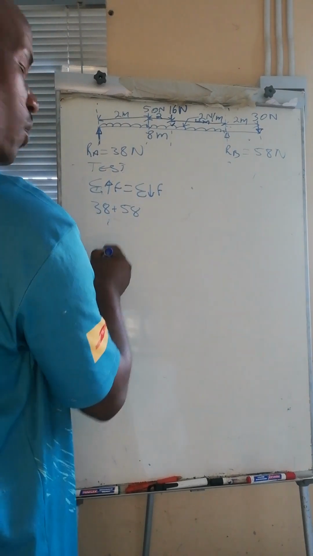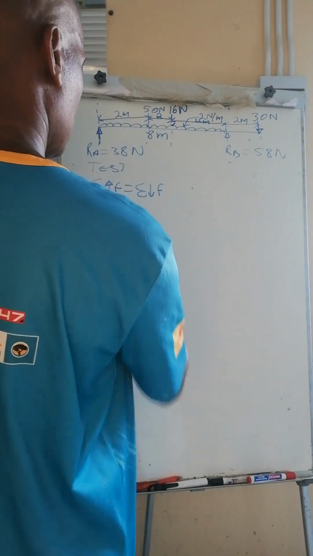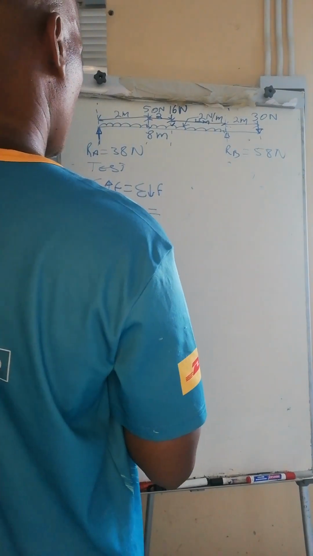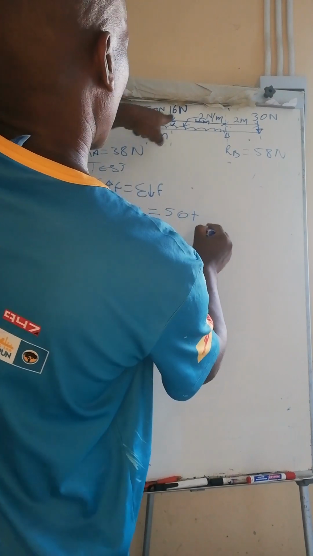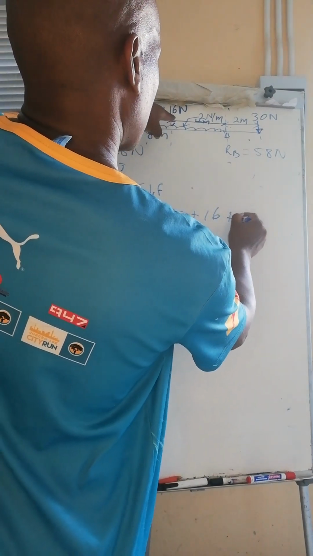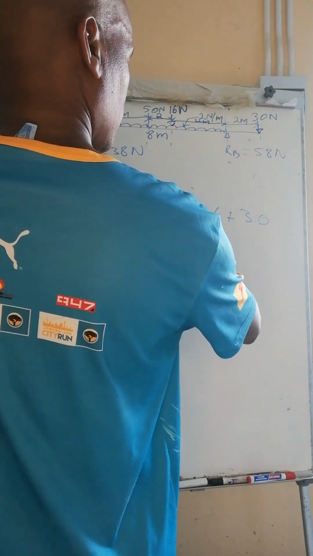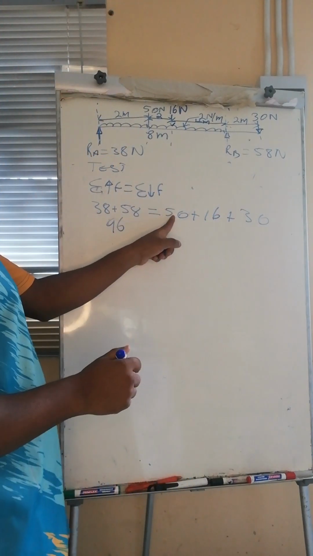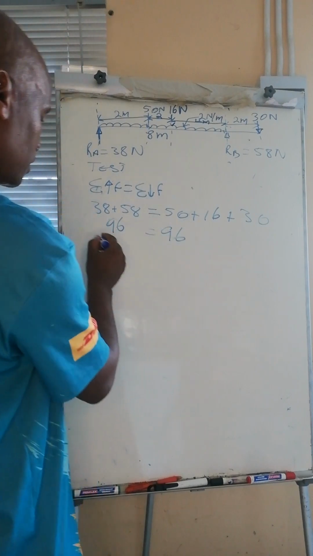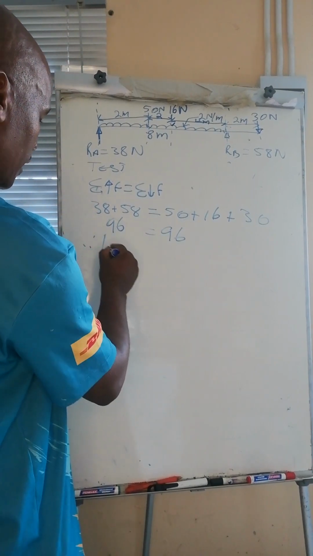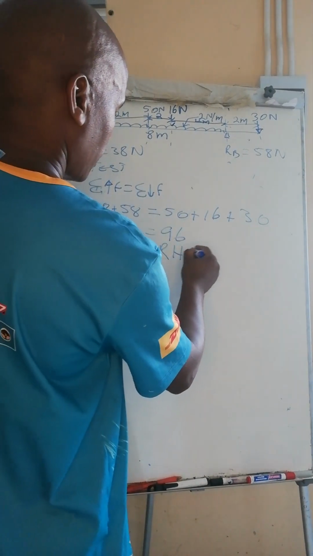And it's equal to the downward forces, which is 50 plus 16 plus 30, which is 96. Therefore, the left hand side is equal to the right hand side.